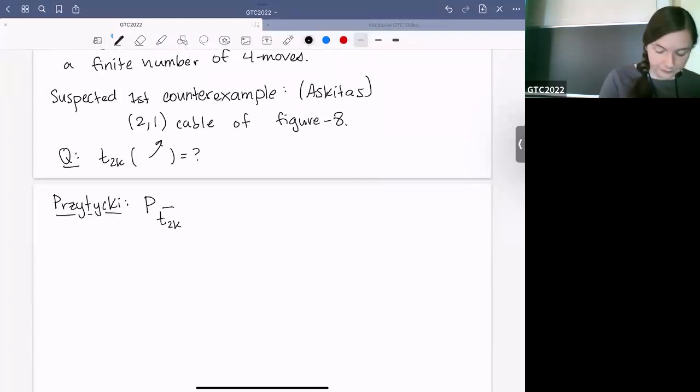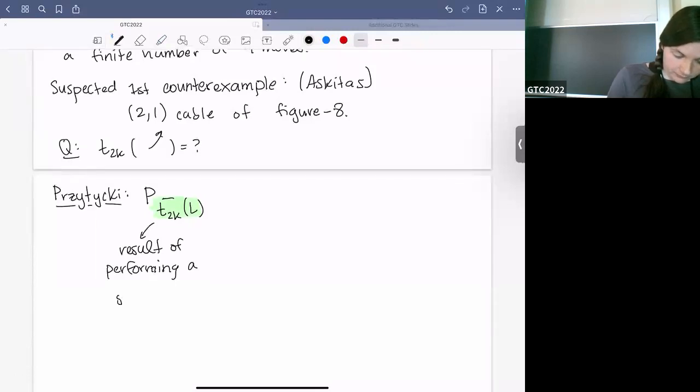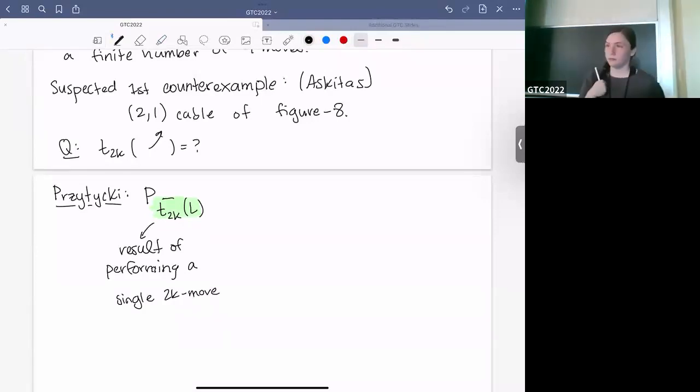Okay. So I'm going to write everything down first. The Jones-Conway polynomial of the T sub 2k bar of L. This is where his notation differs from ours. This should be the result of performing a single move, null-homologous to the bar.